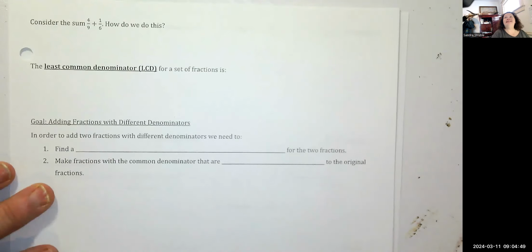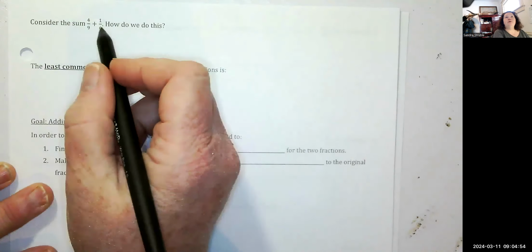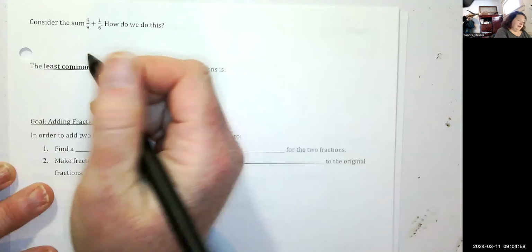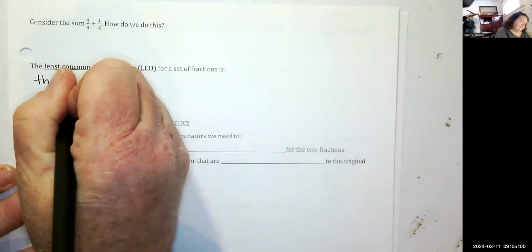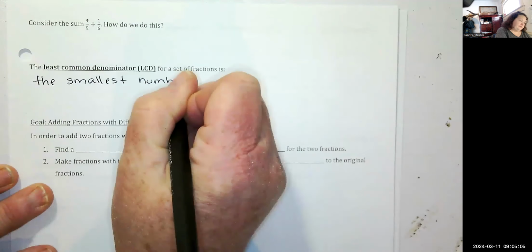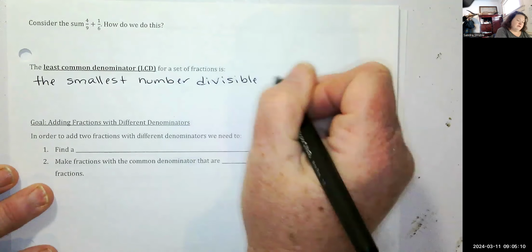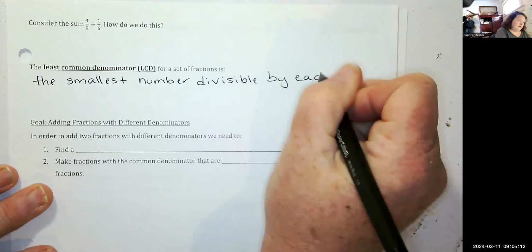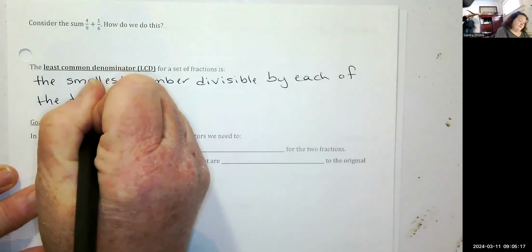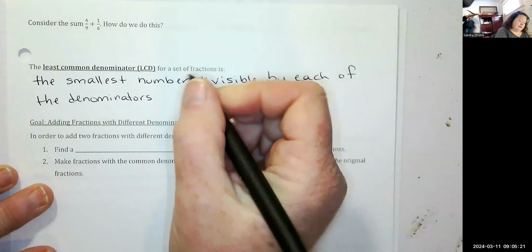We're going to have to find the least common denominator for a set of fractions. So we have to find what number that these both would go into. It's going to be the smallest number divisible by each of the denominators in the given fractions.